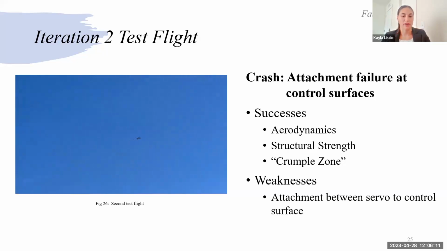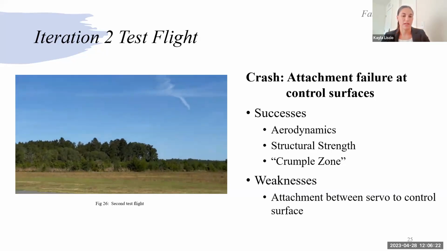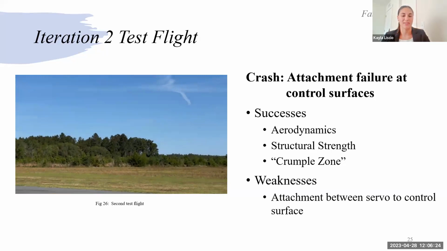This was thanks to the carbon fiber and the fiberglass layups that we did over the control surfaces and the fuselage. The plane did crash on this flight due to weak attachments between the servos and the control surfaces. This made our pilot lose control of the rudder and the elevator, and we could not pitch up. So that led to that nosedive. Next slide.